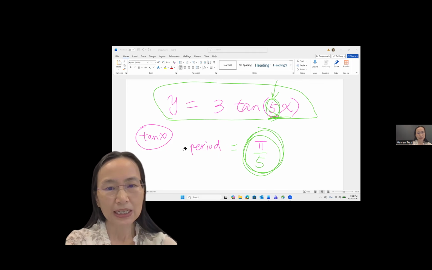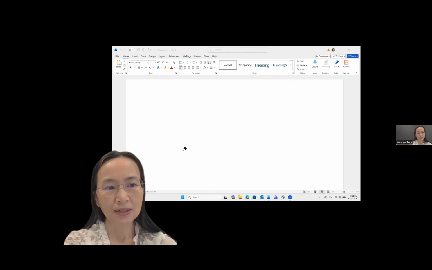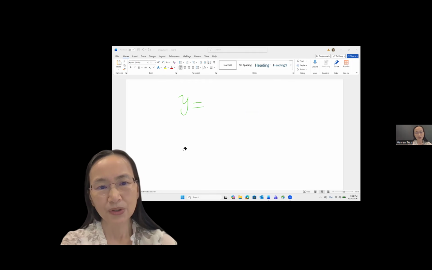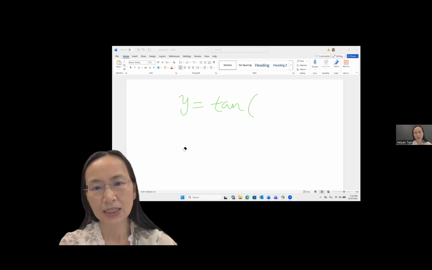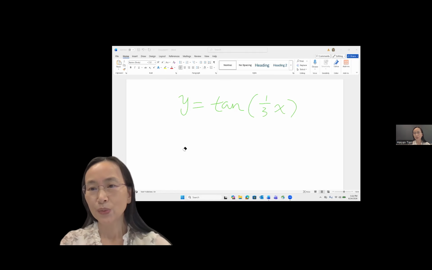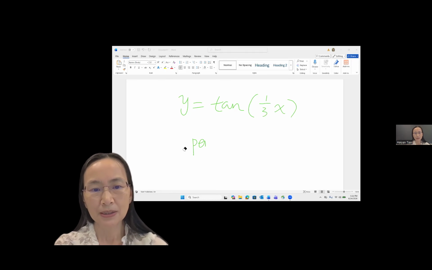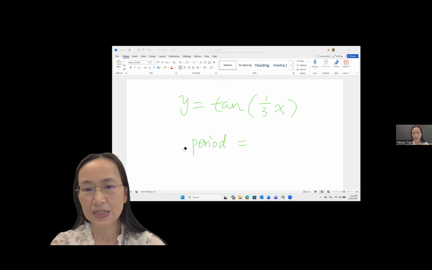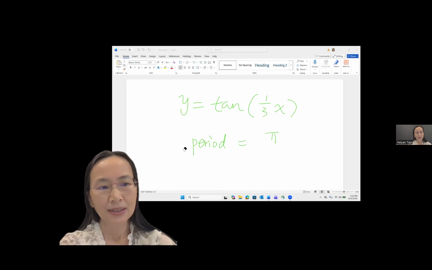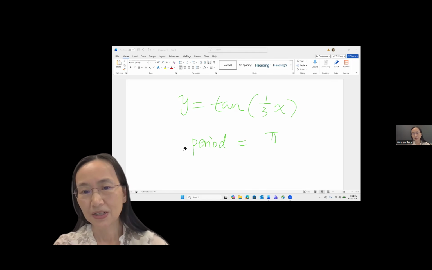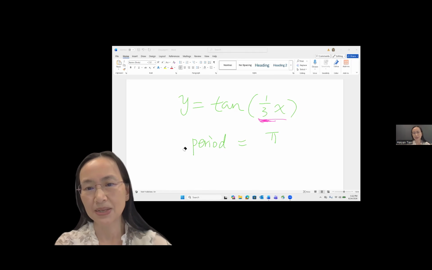Let me give you another function. This time I will use tangent of 1/3 x. What is the period of this function? Again, for the basic tangent function, we know the period is pi. But this is not a basic tangent function because of this 1/3 times x.